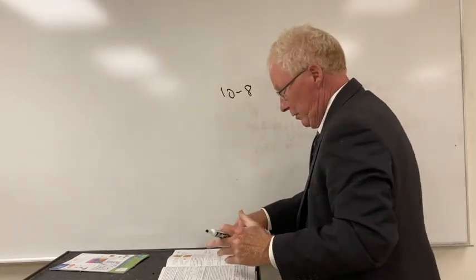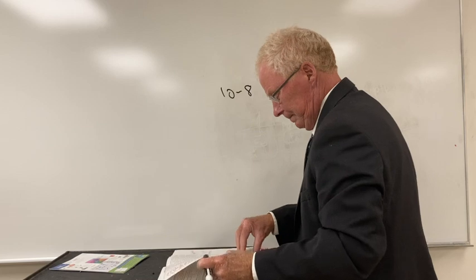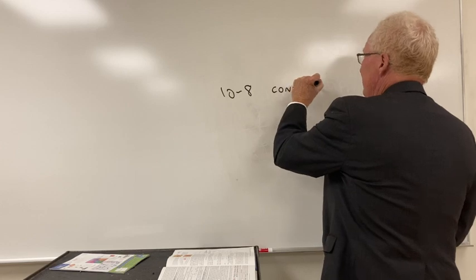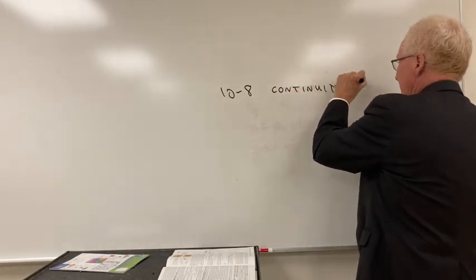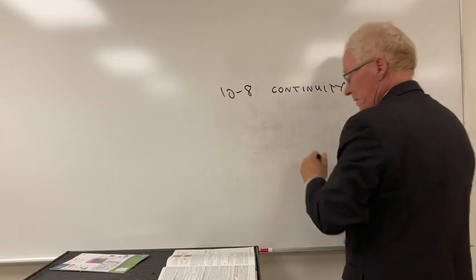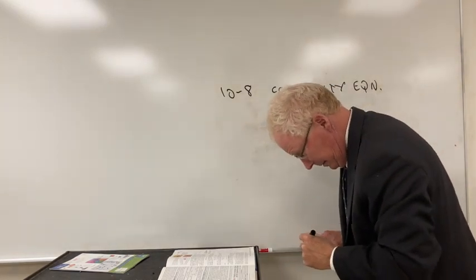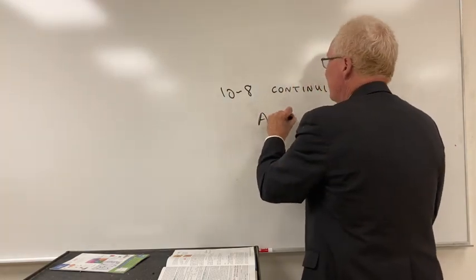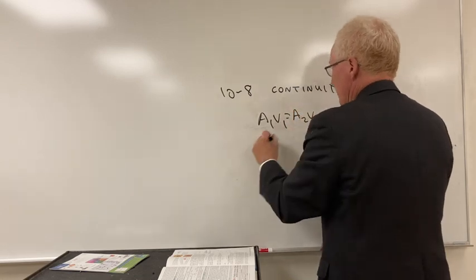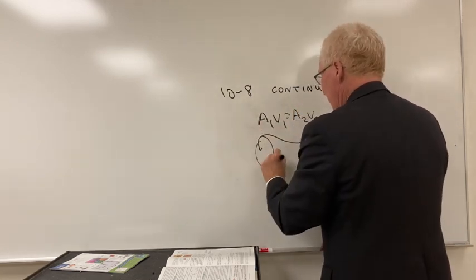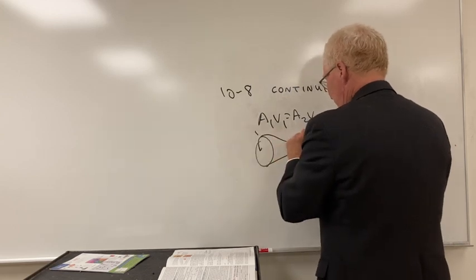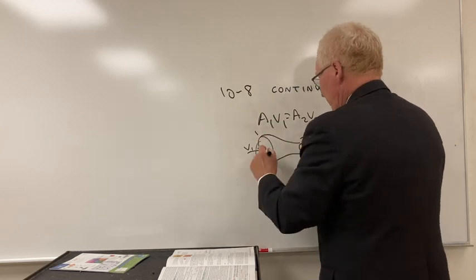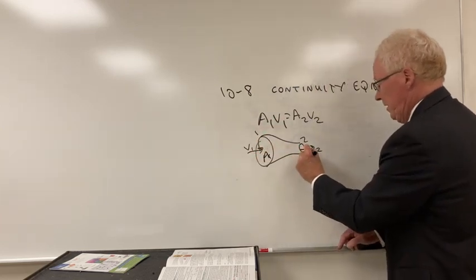10.8 is the continuity equation. I went through this, and that's A1 V1 is A2 V2. So again, it can either go in or out. So this is 1, 2, so the velocity V1, V2, and this is A1, and this is A2.